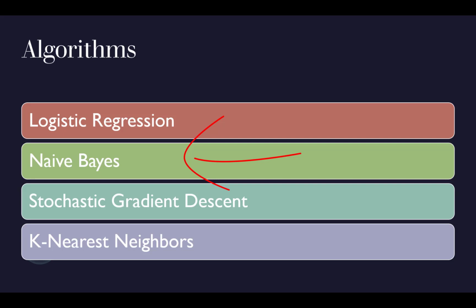Even if those features depend on each other, for the purposes of that specific algorithm, we assume that they're all independent. There are some advantages and disadvantages of using that specific algorithm.